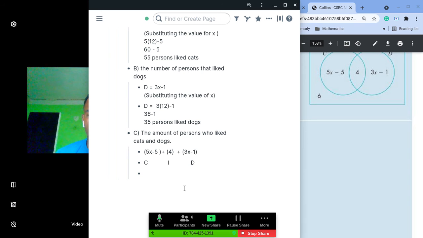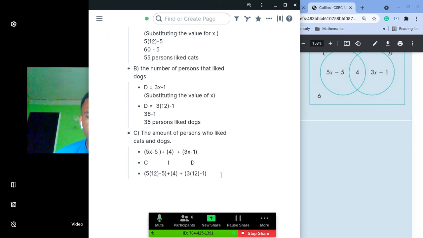Now, let's put in the value for x. We know it's going to be 5 bracket 12 minus 5, plus 4, plus bracket 3 bracket 12 minus 1. But here's the crazy thing.